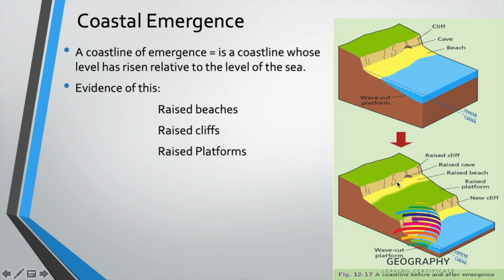As sea level then drops or land rises, they're left high and dry, and new beaches and new cliffs are formed. An example of that would be on the Antrim coast, or in County Donegal we have a raised beach as well.